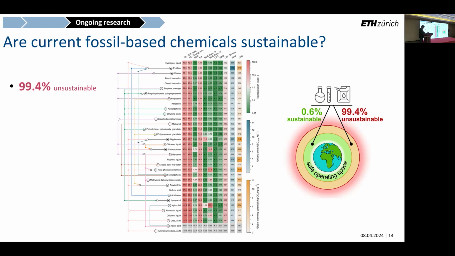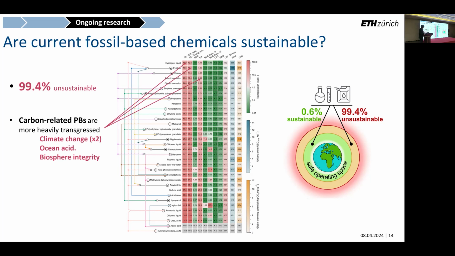And here I'm showing the different planetary boundaries, the carbon footprint. The color red denotes the transgression of the planetary boundary, and green that you operate within the safe operating space. The problem here is that there are planetary boundaries that are systematically transgressed heavily by the fossil chemicals: climate change, ocean acidification, and biosphere integrity.